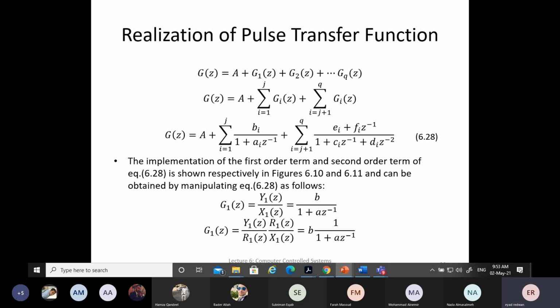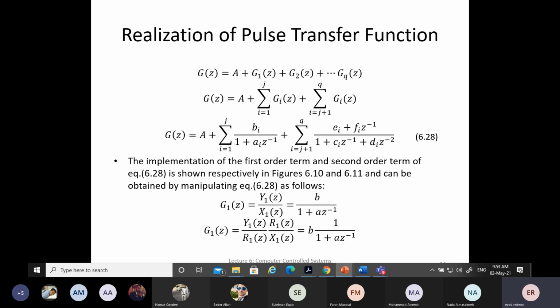Now, when we come to the implementation, we will implement the first order terms, the second order terms, etc., to implement the complete pulse transfer function. Notice that again, it is a constant plus a summation of first order terms added to a summation of second order terms.